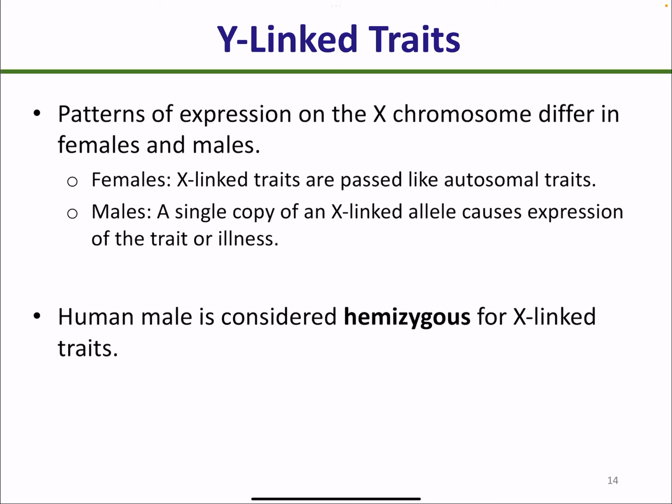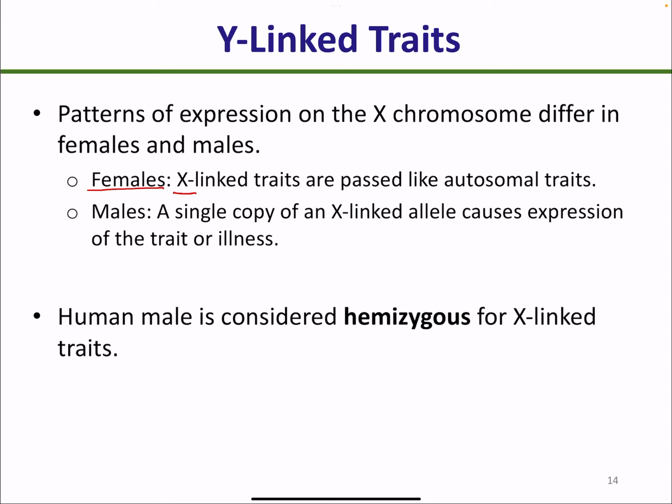Now, remember that females are XX, males are XY. So females are going to give an X, and based on what the female is carrying on the X is going to determine what the male is going to express or not express, right?